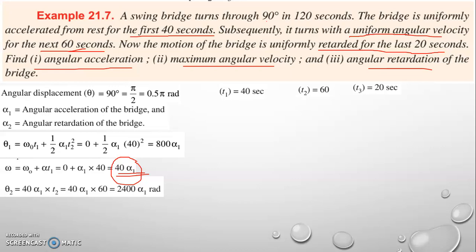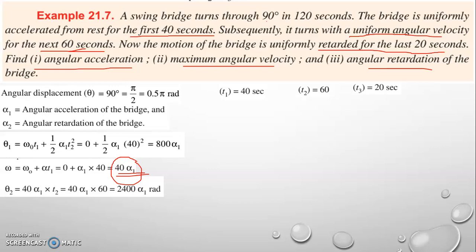So initially it has traveled 40 seconds with an acceleration. For the next 60 seconds it has traveled with a uniform velocity, calculated using the equation v is equal to u plus at. Then for the remaining time it has a retardation. After retardation the bridge is back to its rest position, that is velocity equal to 0.